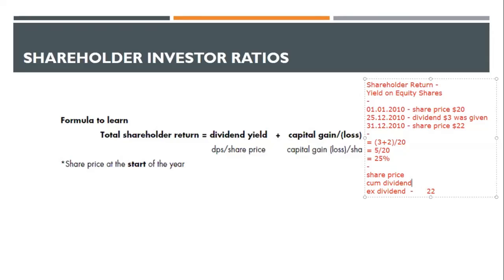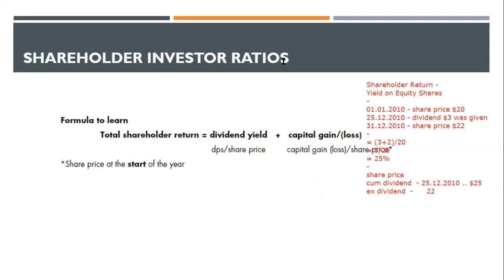What is the ex dividend price here? 22. I can assume that on 25th December, approximately, the price of the share was 23. It can be assumed. It is not accurate, but it can be assumed.